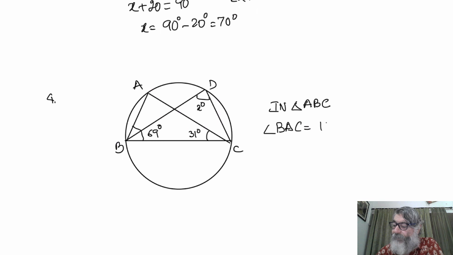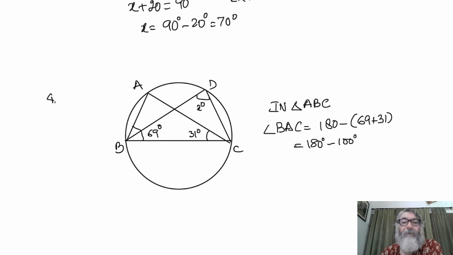BAC is 180 minus (69 plus 31), because two interior angles of the triangle are given. ABC is 69 and ACB is 31. So I add 69 plus 31 and it becomes 100.